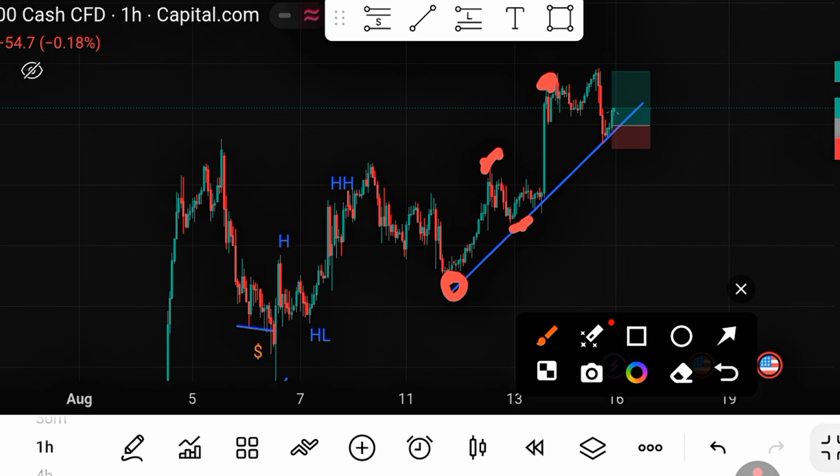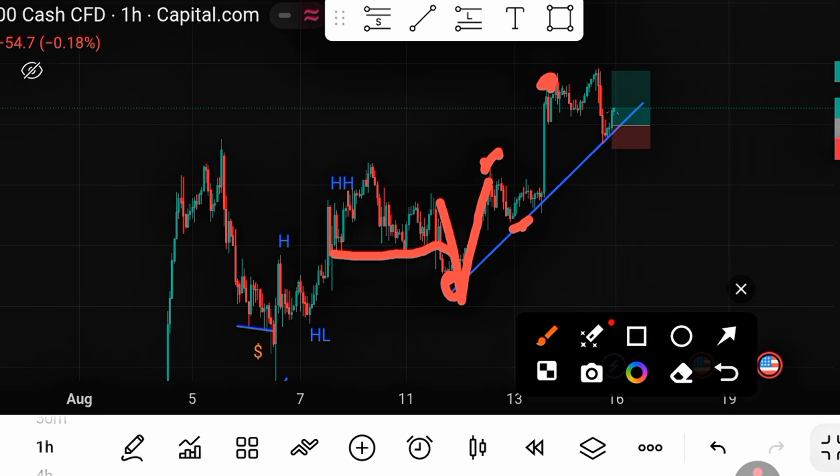So we can now look for our next criteria, which is manipulation. You can see that these levels show there was a manipulation, because the market pushed to take out the level before starting the push up. So our second criteria is met.